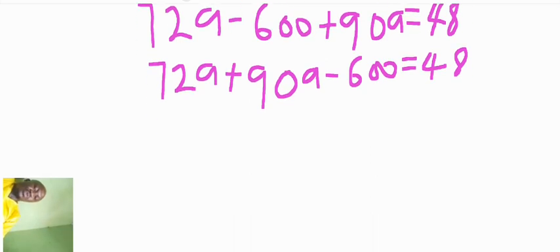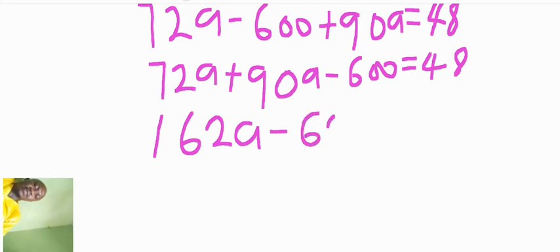So 72 plus 90, what do I get? I have 162. So 72a plus 90a, I'll have 162a minus 600, and this is going to give me 48.